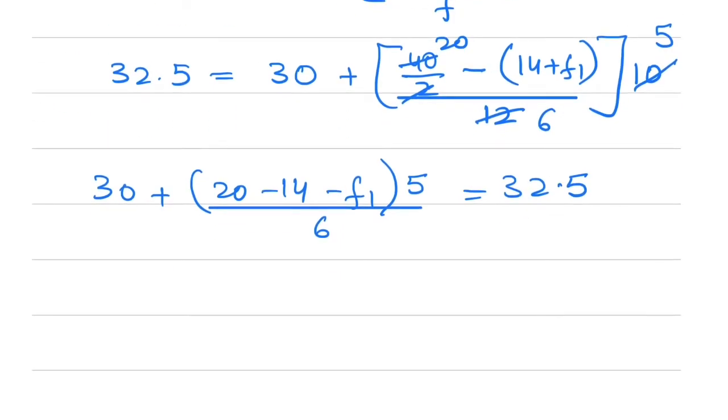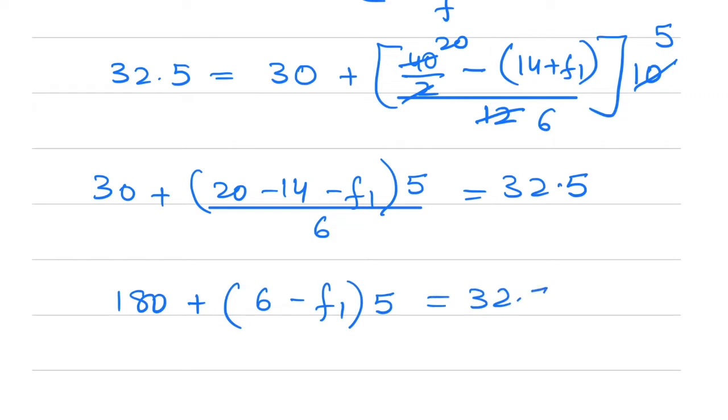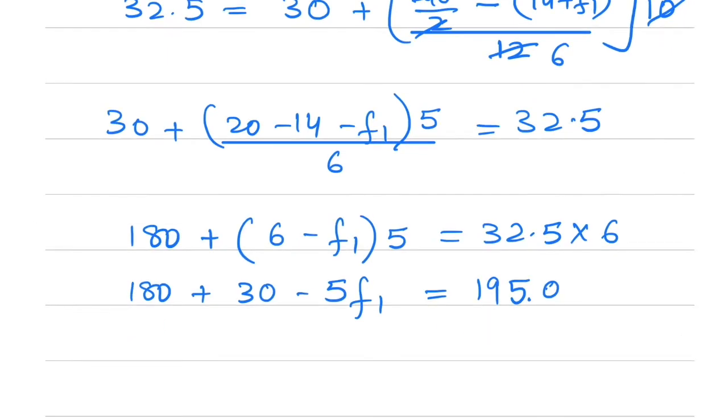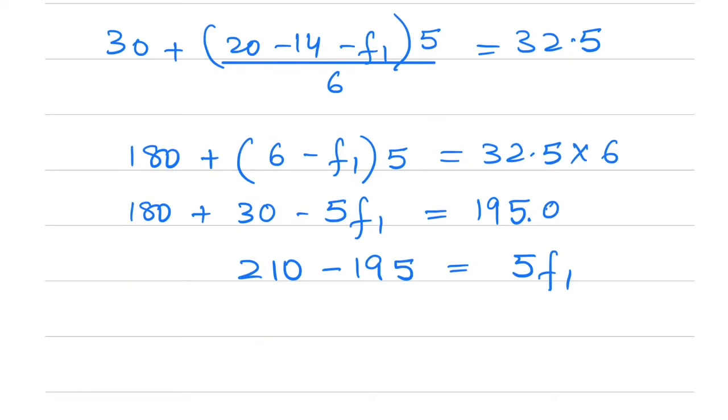Now let's take the LCM on the left hand side. So 180 plus (20 minus 14, which is 6, minus f1) multiplied by 5 is equal to 32.5 multiplied by 6. 180 plus 30 minus 5 f1 is equal to 195. 210, and I'll bring 195 this side and get 5 f1 that side.